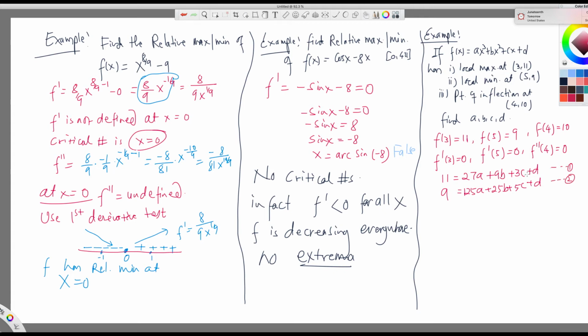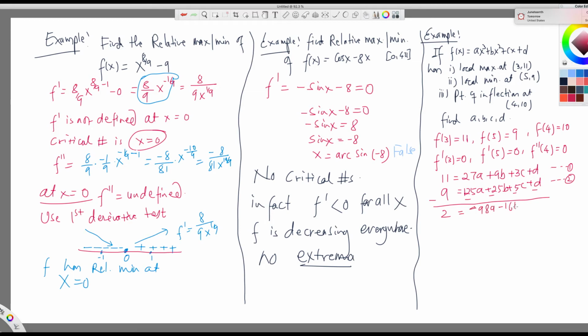So let us subtract 2 from 1. Subtract means all of them will be minus, minus, minus, minus. So what do you get? You will get 2 equals to negative 98a, right?